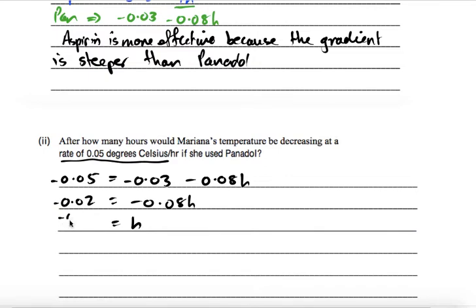And when you do negative 0.02 divided by negative 0.08, that will give you H equals 1/4, 0.25 hours. 0.25 hours is 15 minutes. So after 15 minutes, you'll find that it will be decreasing at a rate of 0.05 degrees Celsius per hour. It takes 15 minutes.